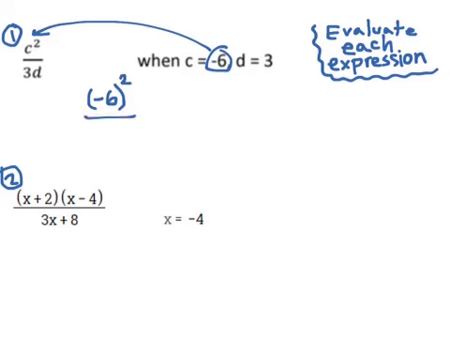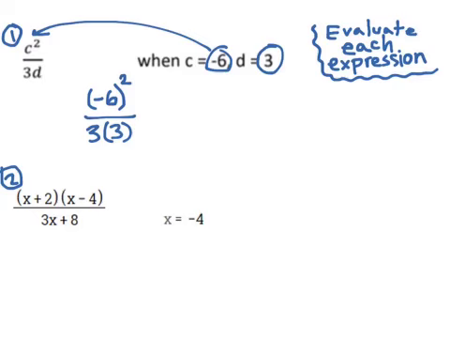In the denominator we have 3 times d, and we know that we're going to put 3 in for d. So we have 3 times 3. So all we did was we substituted in the -6 and the 3, just like the problem told us to.